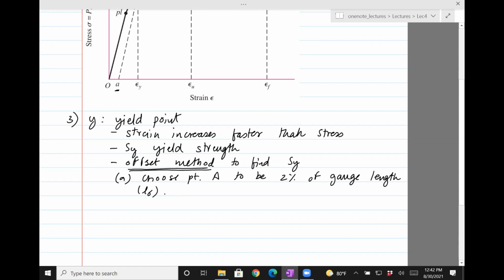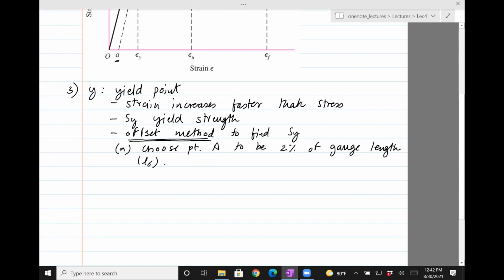So if you choose 0.2% of the gauge length, that is 1.002, then the strain at A is going to be the stretched length, 1.002 L0, minus L0, divided by L0.